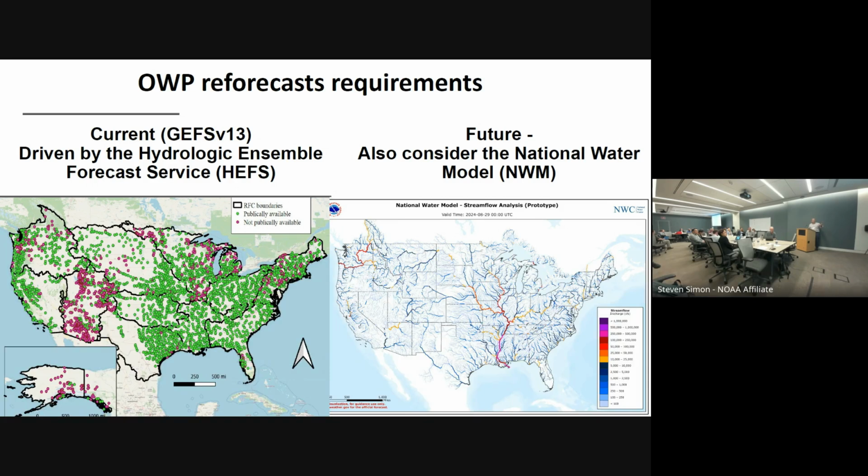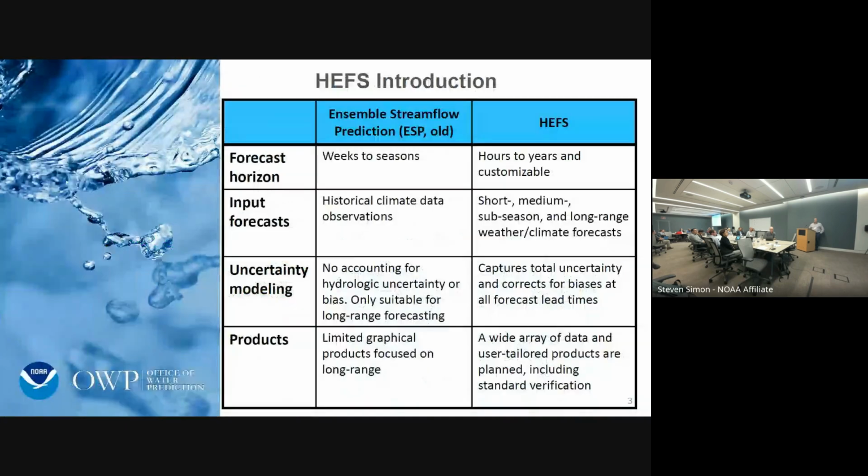That's a big TBD, and it provides streamflow predictions at millions of very small stream sections. But the point is that it could possibly be both in the future, and now it's just HEFS on the left.